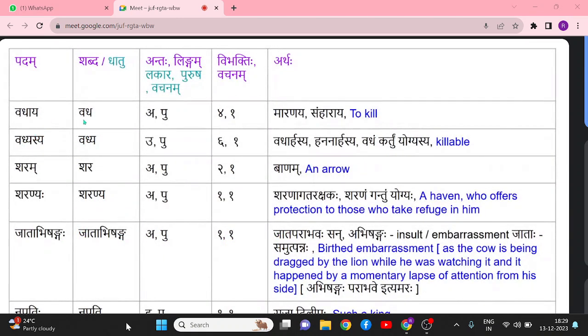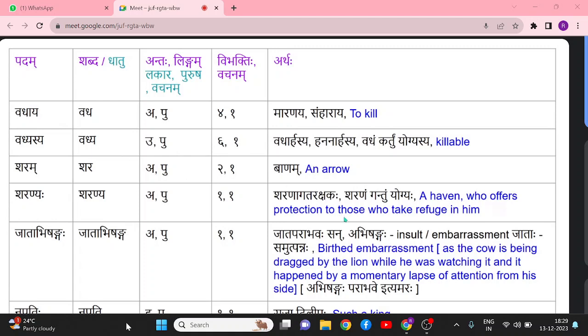Vadhaya, vadha akaranta pullinga, maranaya, samharaya, in order to kill the lion. Vadhyasya, what kind of lion? Vadharhasya, hananarhasya, vadham kartum yogyasya, killable. Sharam, arrow, bana.